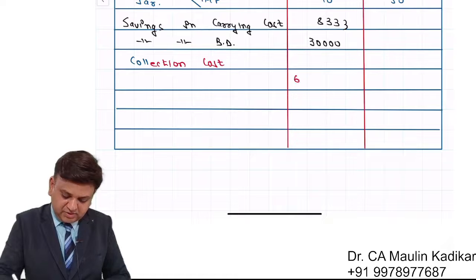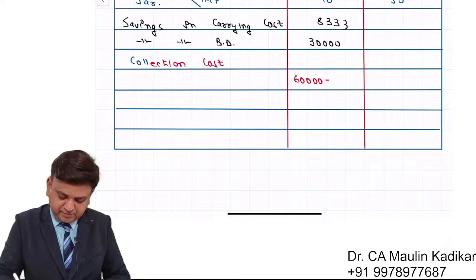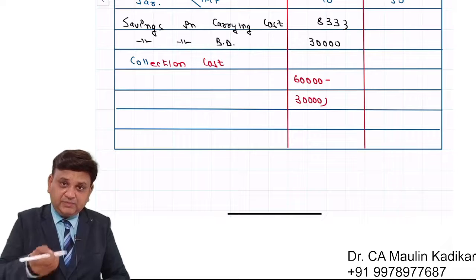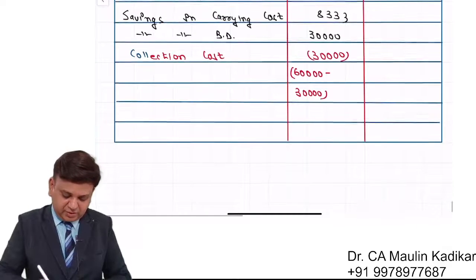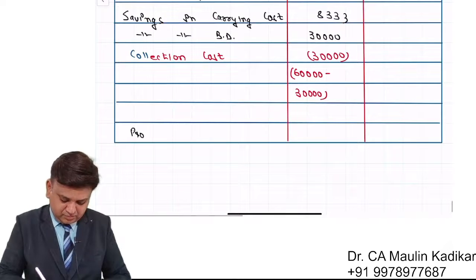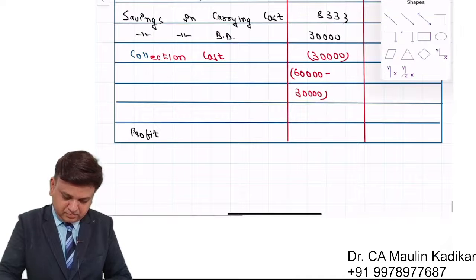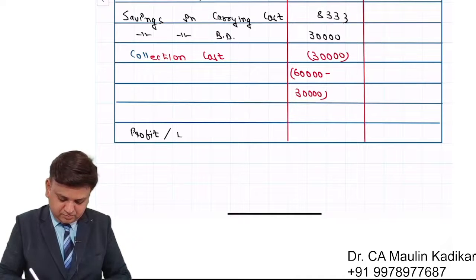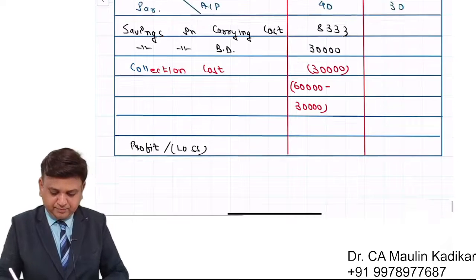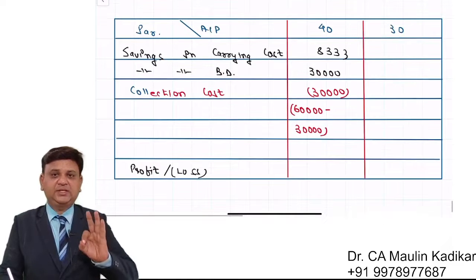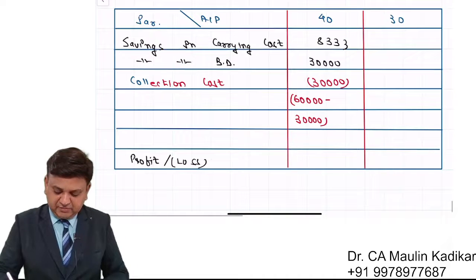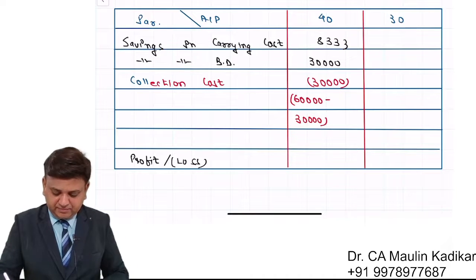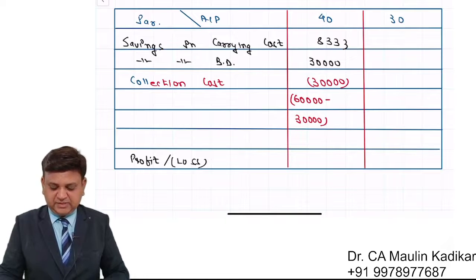So 60,000 minus 30,000, it increases by 30,000. That is the way we are supposed to calculate the profit or loss. So what will happen over here? 8,333 plus 30,000 minus 30,000, and the final answer would be 8,333. Write the answer for 40 days.